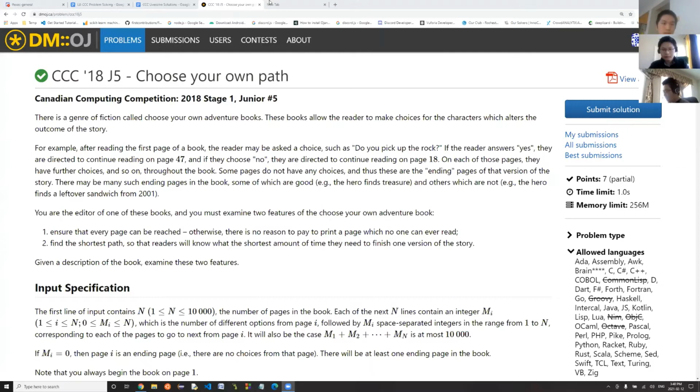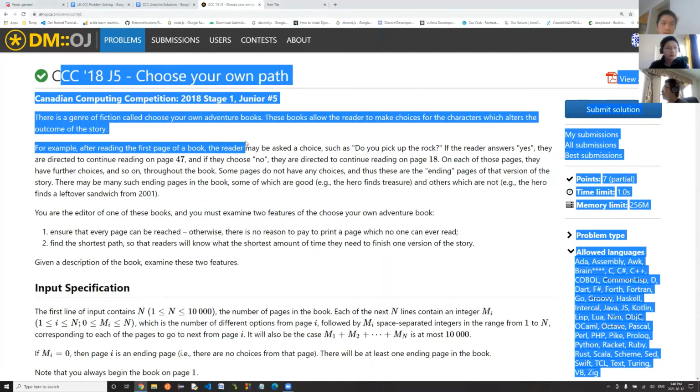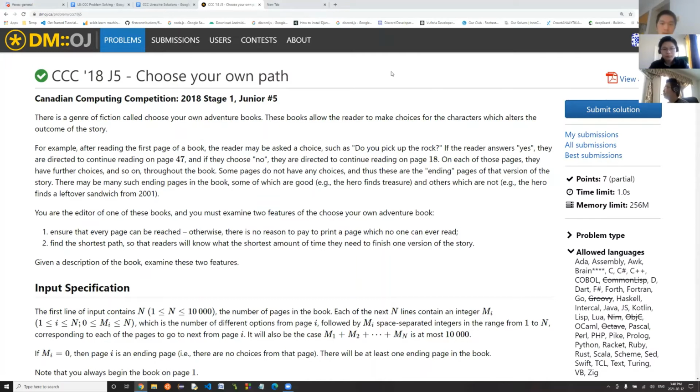All right, so first of all, let's look at this problem, and we're going to analyze it the way that I would do it in a contest. Now, first of all, let me preface this by saying that this is not indicative of what an actual Junior 5 looks like on the CCC 21, because usually on the CCC in previous years, they are much easier than the CCC in harder years.